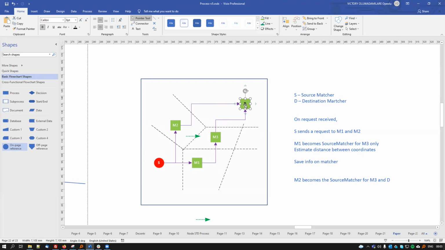So the question becomes what's the best way to forward there. When I look at this, this is connected to this from the Voronoi layer, and this is connected to M2. So those are the two enclosing neighbors of the source. M2 is also connected to M3 and D, and M1 is connected to just M3.